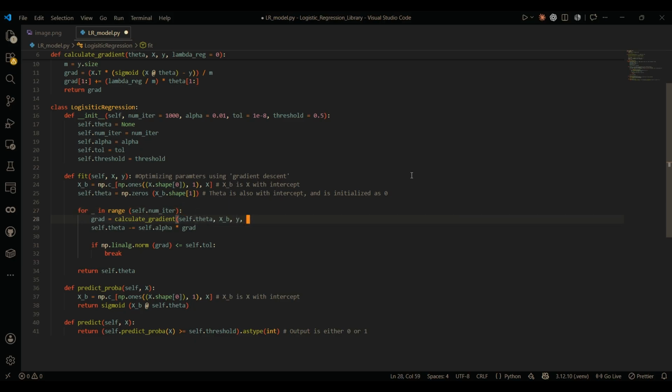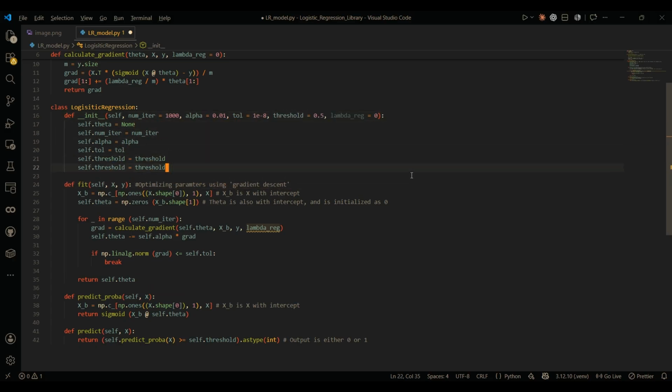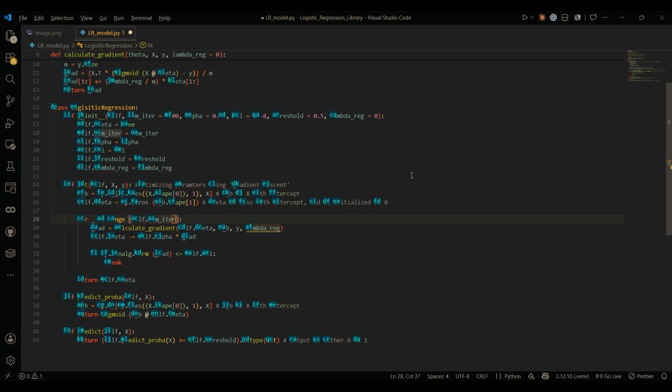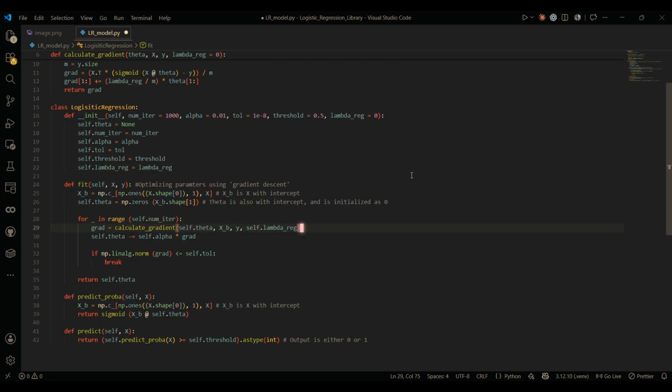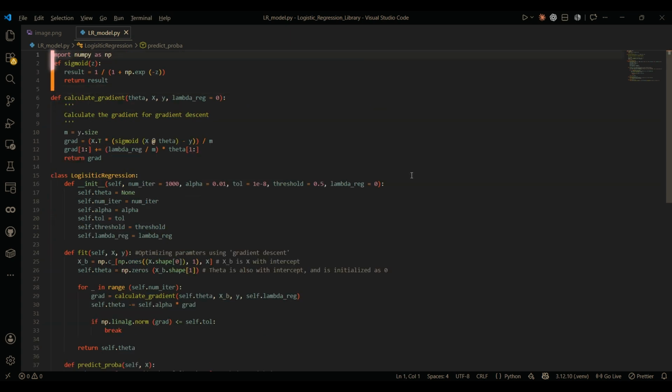Okay, so we have to put lambda_reg inside here as well, and also inside here, equals 0, and lambda_reg. That's right. Self. I think that's it.